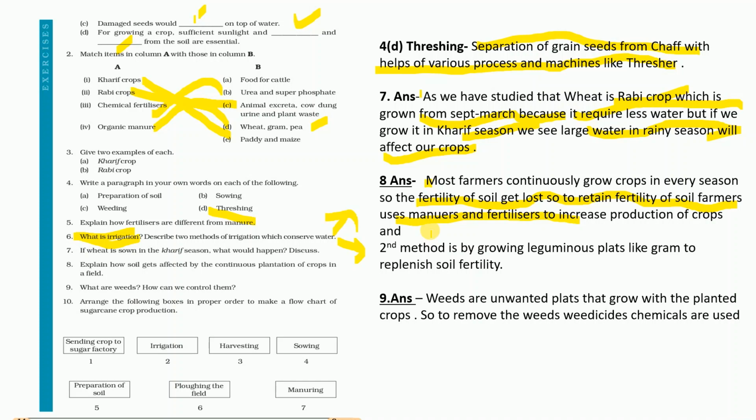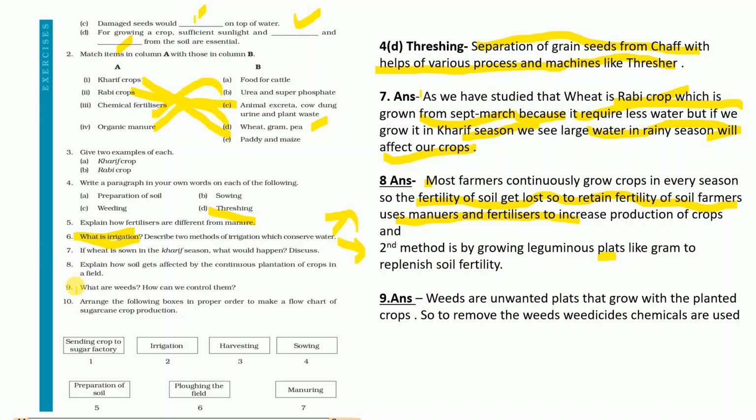And the second method is growing leguminous plants, like grams and other pulses, which can replenish the fertility in the soil with the help of some microbes in their roots.